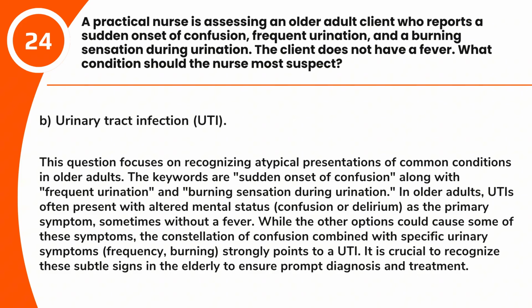In older adults, UTI often presents with altered mental status, confusion or delirium, as the primary symptom, sometimes without a fever. While the other options could cause some of these symptoms, the constellation of confusion combined with specific urinary symptoms, frequency, burning, strongly points to a UTI. It is crucial to recognize these subtle signs in the elderly to ensure prompt diagnosis and treatment.